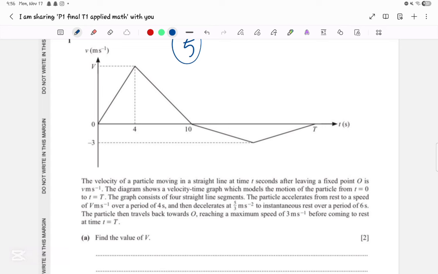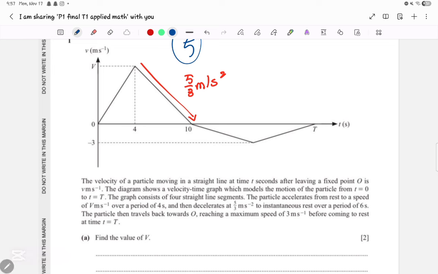The particle accelerates to a speed of v meters per second in 4 seconds, decelerates at 5 over 3 meters per second squared to instantaneous rest over a period of 6 seconds. The particle then travels back towards O, reaching a maximum speed of 3 meters per second before coming to rest at time t equals capital T.